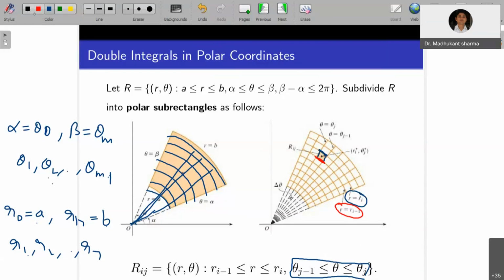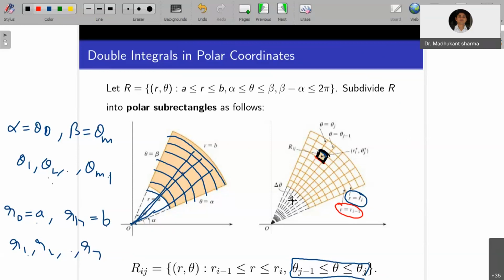Similarly, this is theta equals theta j, and this is theta equals theta j minus 1, the ray part. So what is the angle now? Because we want to identify the length of this circular arc, and the area of this rectangle, how do you find it?